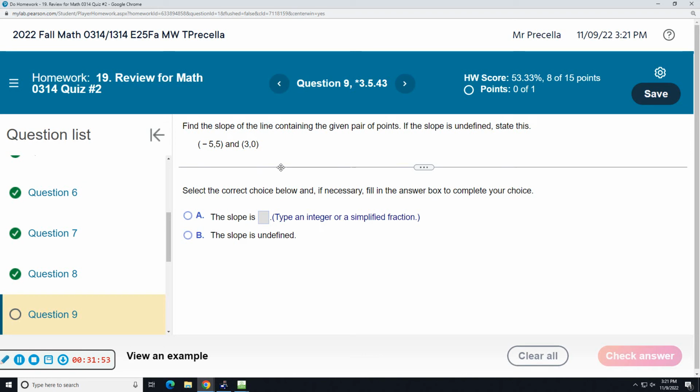Number 9. Oh, I think it's another find the slope of the line given, oh no, this is just find the slope. Earlier we wrote the equation. This will be easier. Good. I think number 3 we actually found the slope and wrote an equation of the line. Here the line passes through the points -5, 5, and 3, 0.